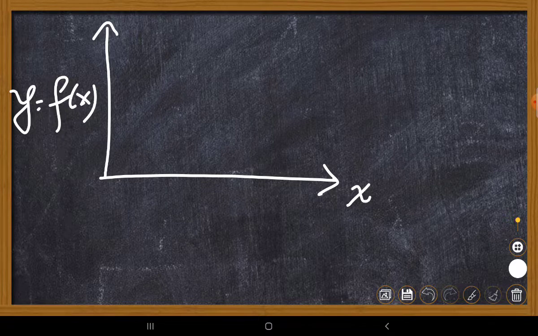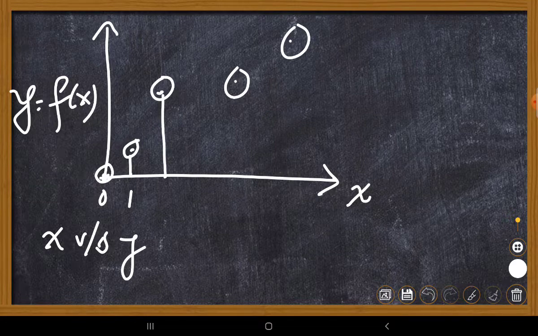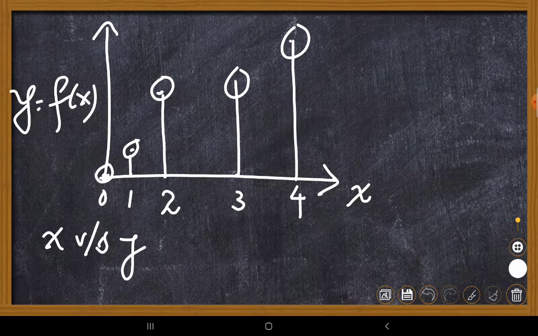You plot the values x against y, and suppose your graph is something like this, where x equals 0 is here, x equals 1 here, x equals 2 here, x equals 3 here, x equals 4 here.